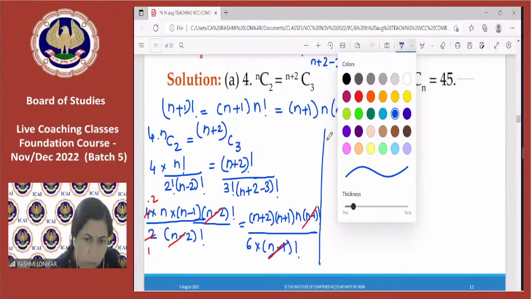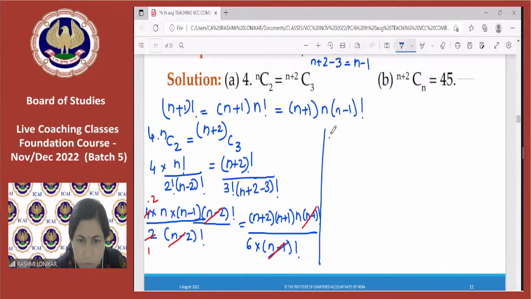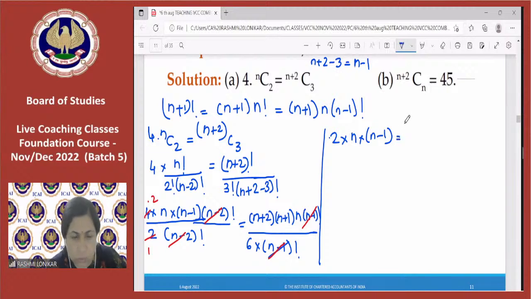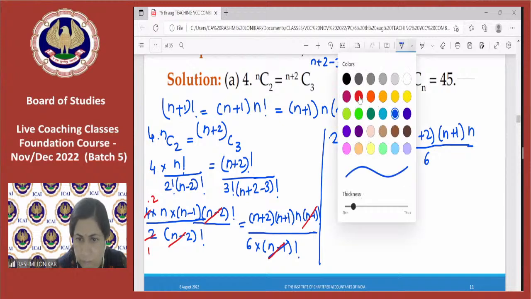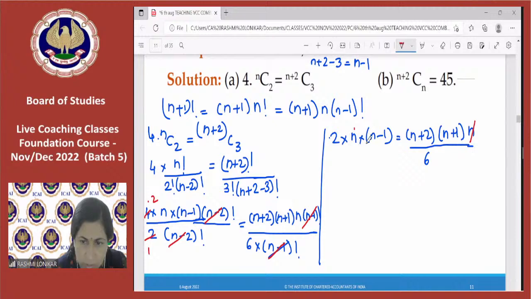On the LHS, what do I have? 2 into n minus 1. Okay, on the LHS, I have 2 into n minus 1 is equal to n plus 2 into n plus 1 into n upon 6. Okay, upon 6. So what will happen? This n will cancel with this n.